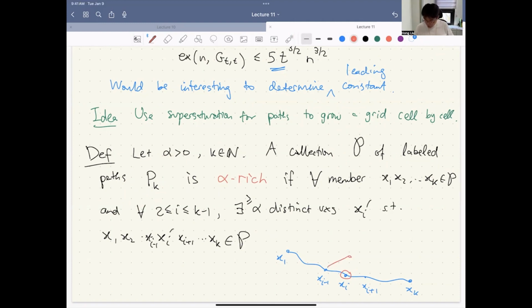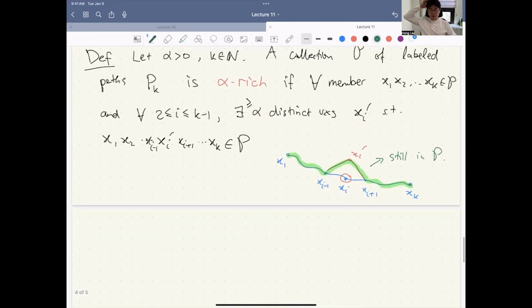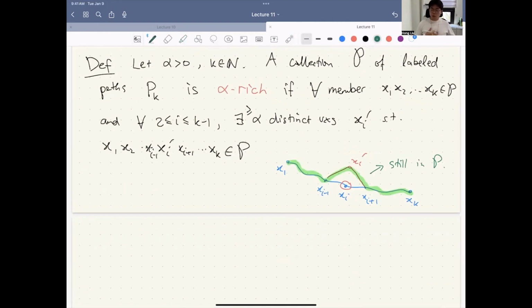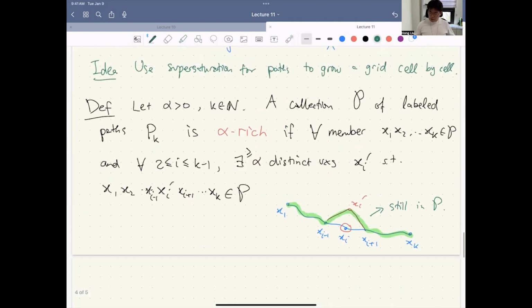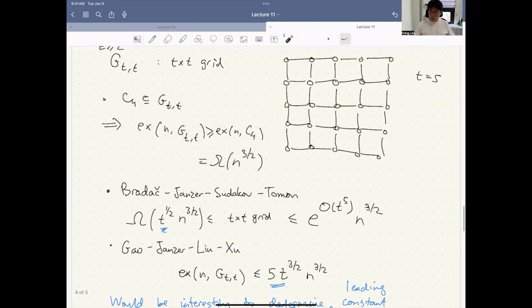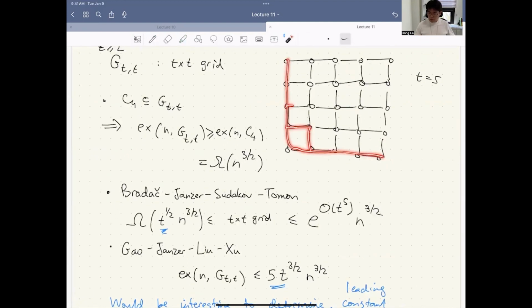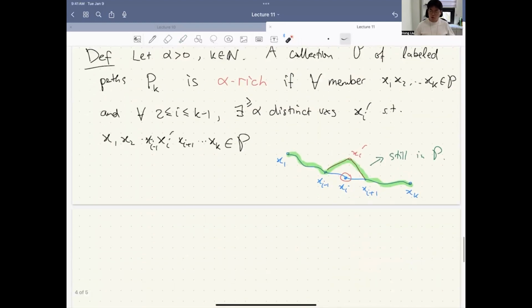So we have many ways to find the xi prime such that this new path is still in P. That's the definition. So why is this definition useful? Well, that's exactly what I said. You can use this collection of paths to grow this grid one cell at a time by replacing one of its vertices by a new vertex xi prime.